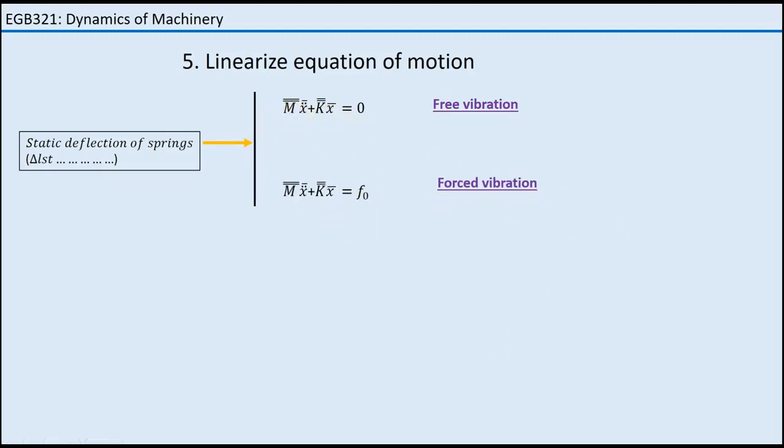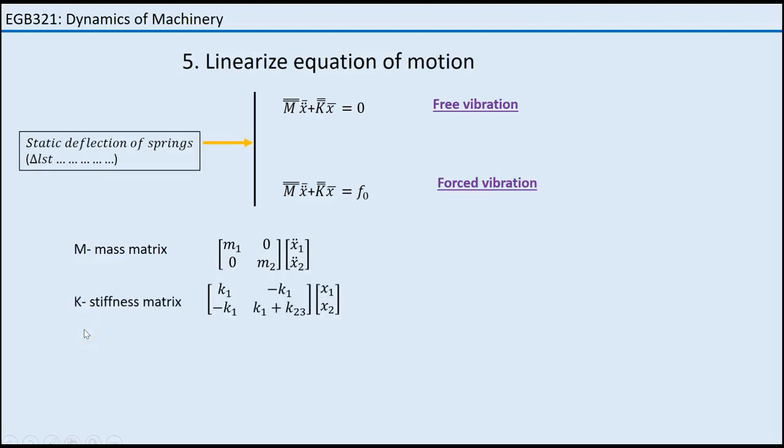Now this is a matrix equation form where M is the mass matrix, and because this is a 2 degree of freedom system, we get a 2 by 2 matrix for mass, and we also get K, which is the stiffness matrix, and we get a 2 by 2 matrix because again this is a 2 degree of freedom system. In the case of forced vibration, we'll also have a force vector, which has 2 elements because of 2 degrees of freedom, F01 and F02.